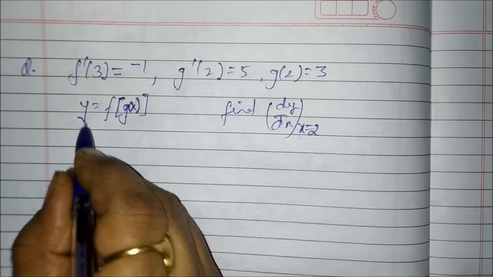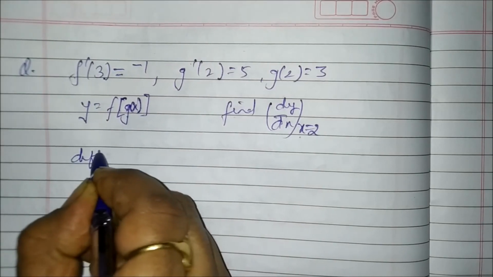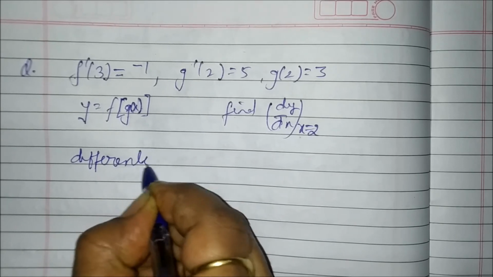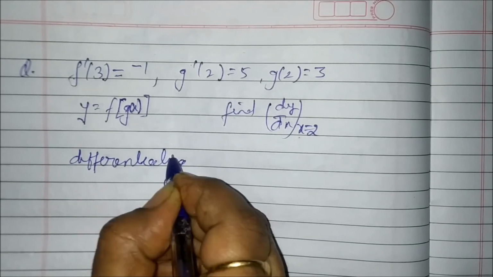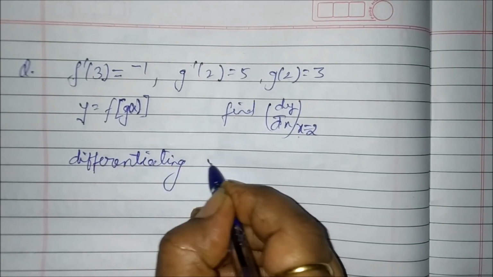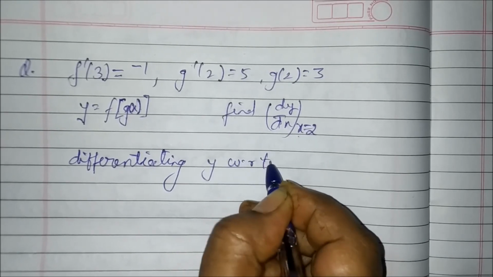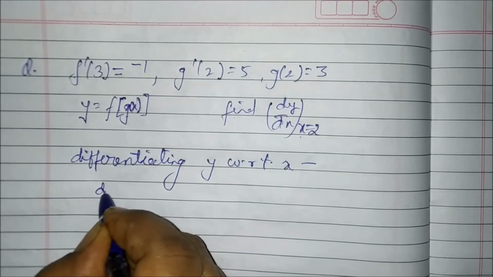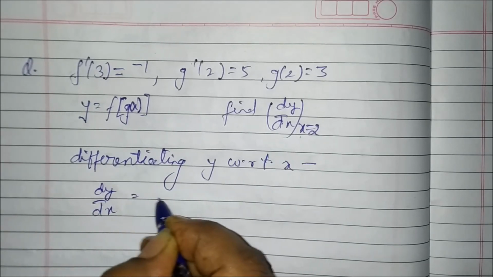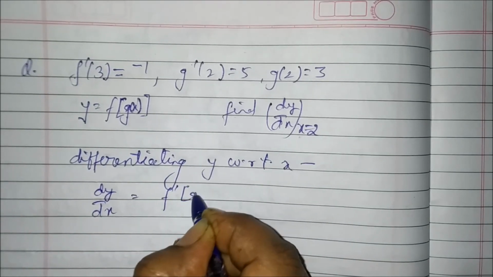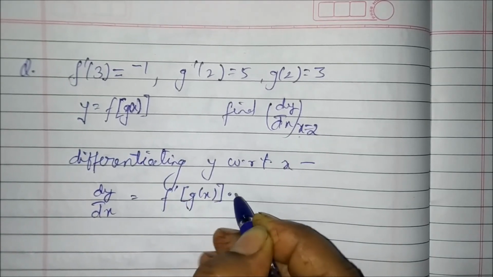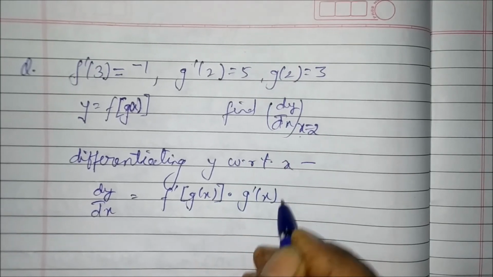On differentiating y with respect to x, we get dy by dx equals f dash of g of x into g dash of x.